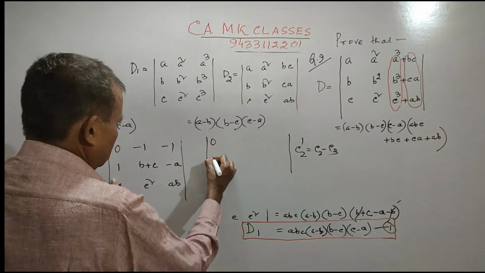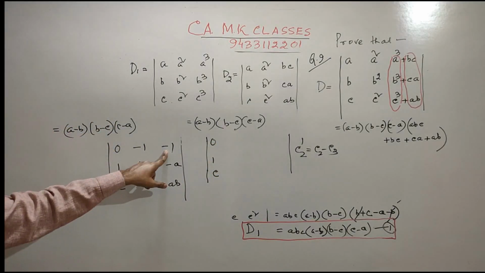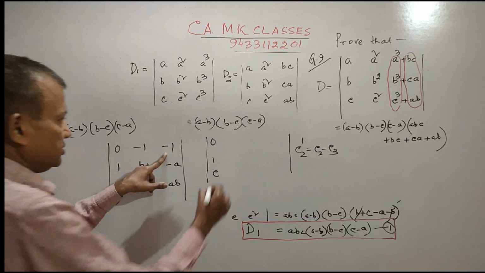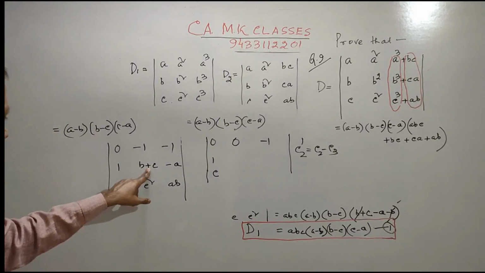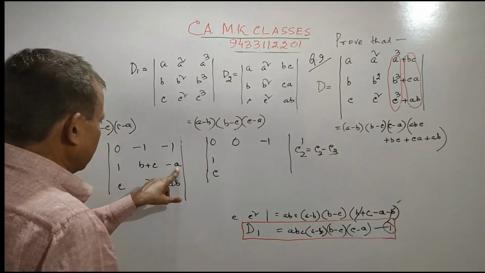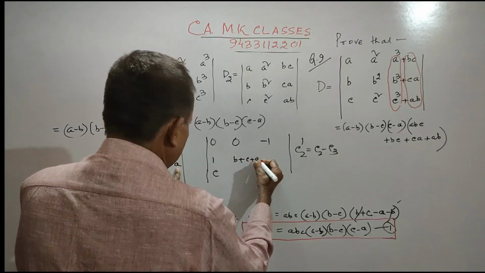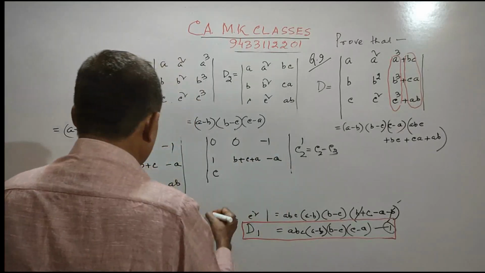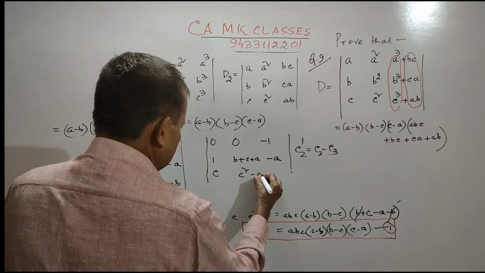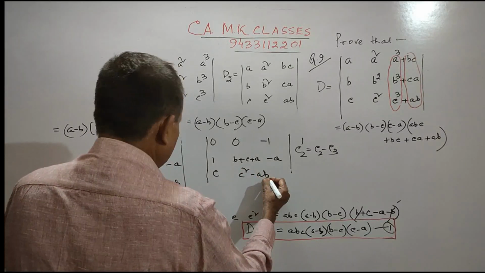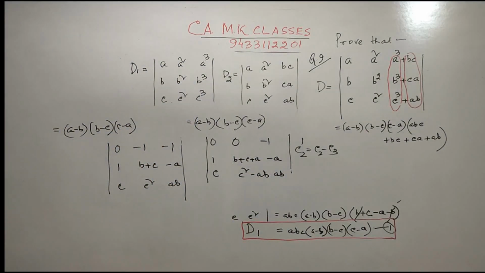Friends, this is 0, 1, c, minus 1, minus of minus 1 plus 1 becomes 0, and this is minus 1, b plus c plus a, then again b plus c plus a, this is minus a, and this will be your c square minus ab, and this is ab, c square minus ab.